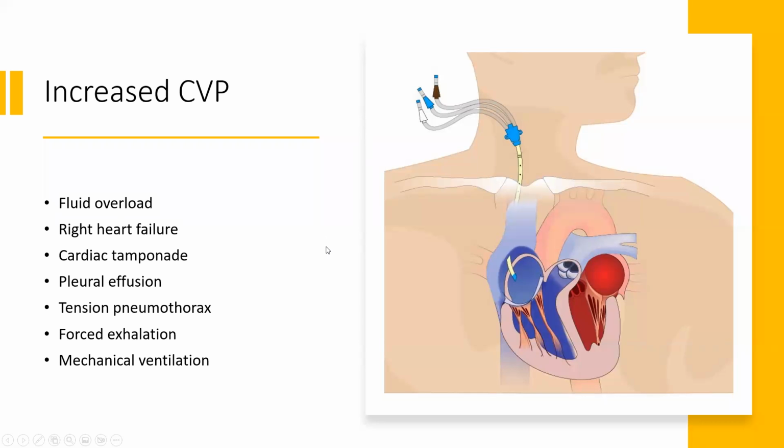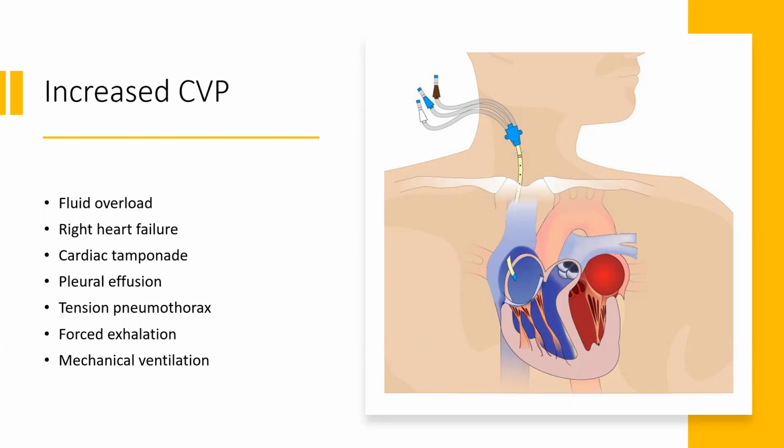So let's take a look at what causes increased CVPs when the following are present, like fluid overload, right heart failure, cardiac tamponade, and all those things that are listed over here. They're going to increase CVP.